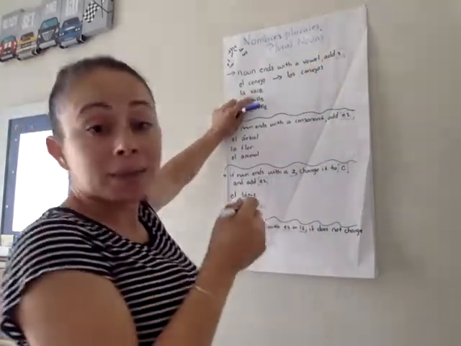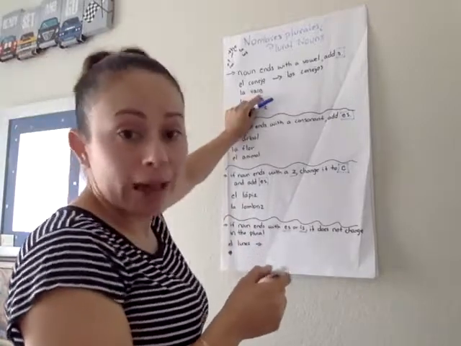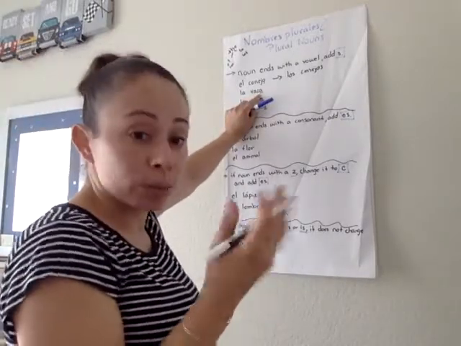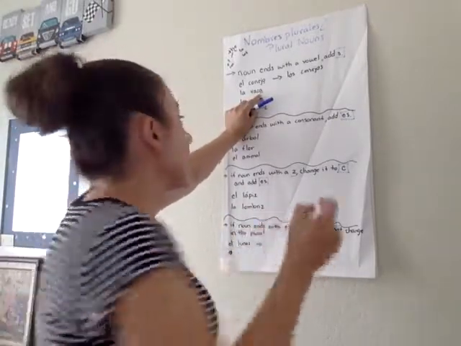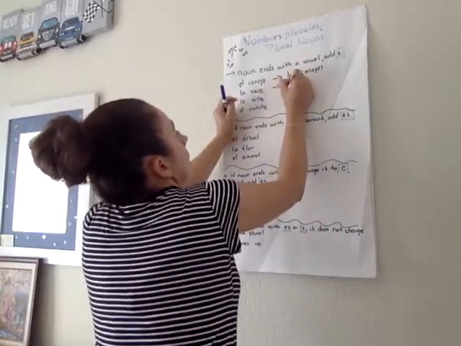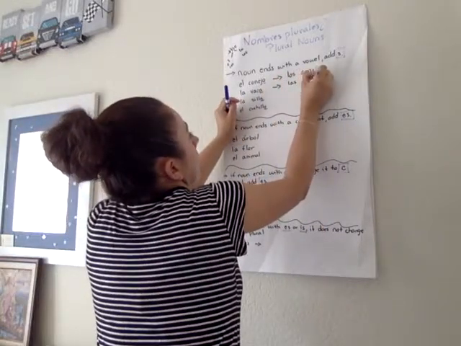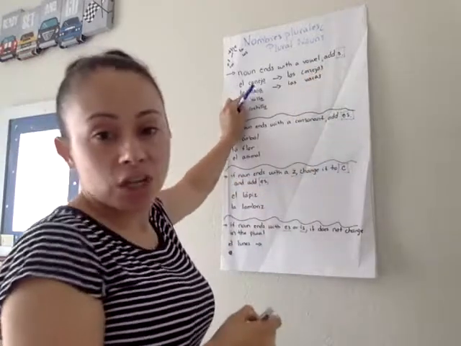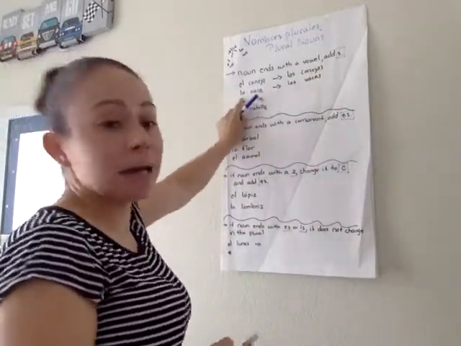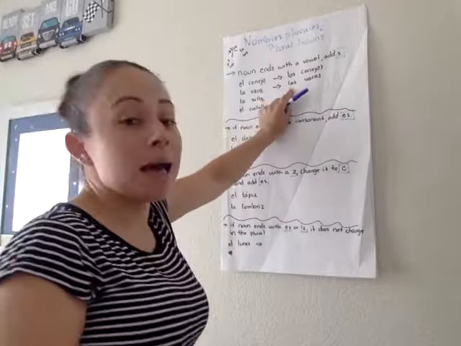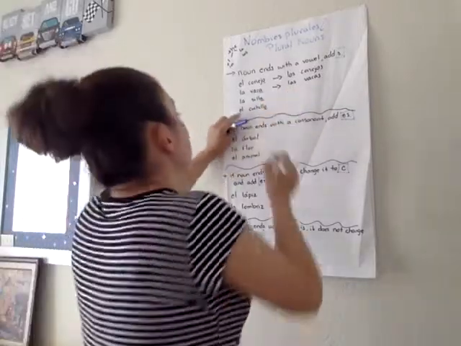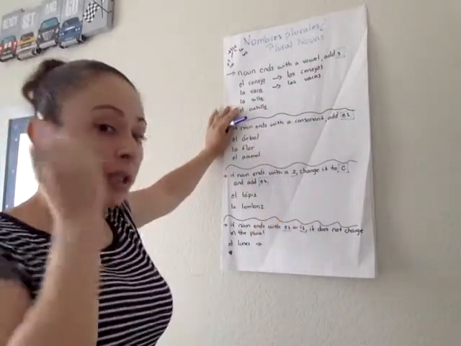Then we have la vaca, the cow. Vaca ends in A, so it's a vowel. All I have to do is add an S. So it's las vacas. And remember, la changes to las because la is the singular and las is the plural. Okay? And then we have la silla, which we're going to do the same thing.